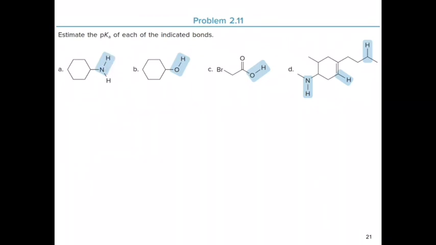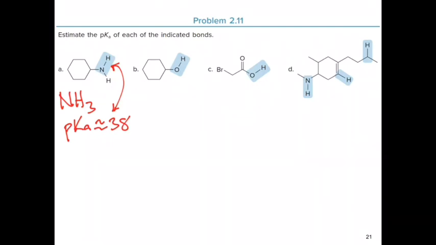And you look at the table that was presented earlier, and you can see that there's an NH3, ammonia. And this nitrogen to hydrogen bond in ammonia, NH3, has a pKa value of about 38. So that would be the pKa value of this highlighted bond here.